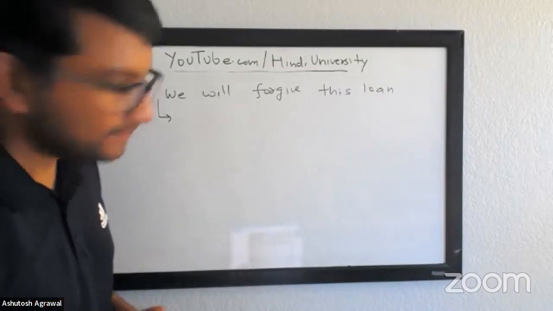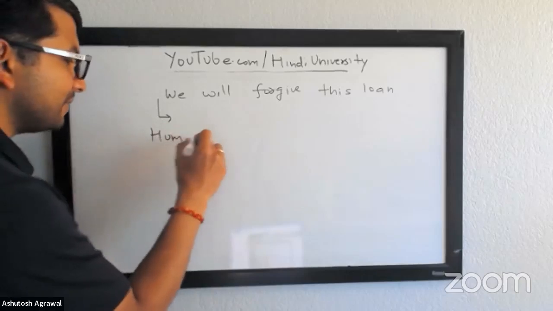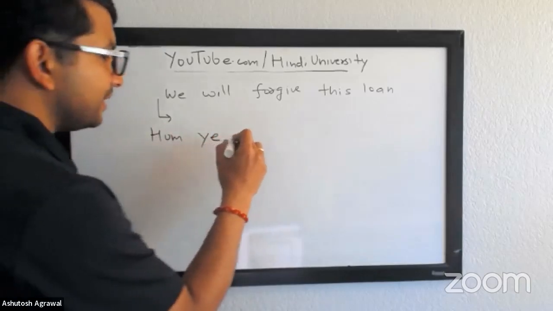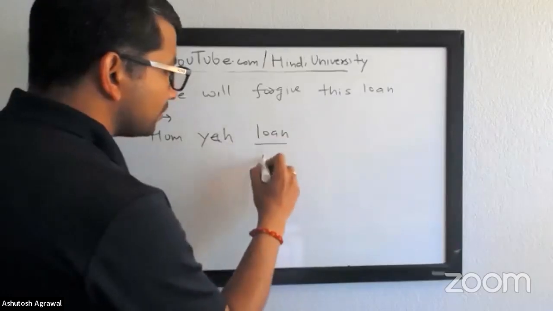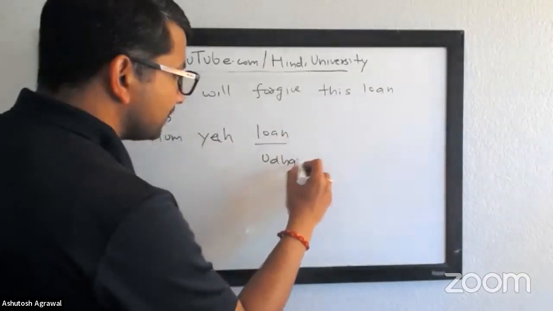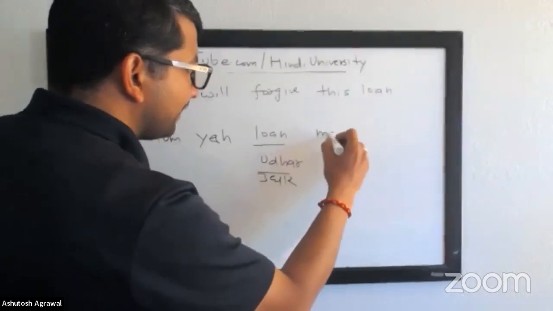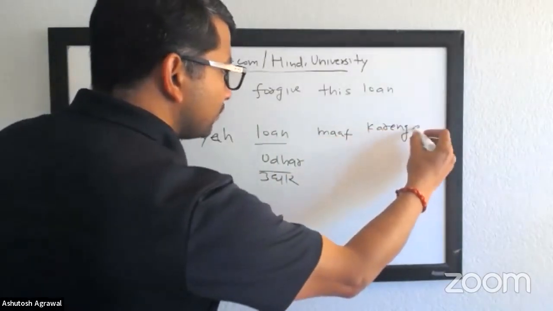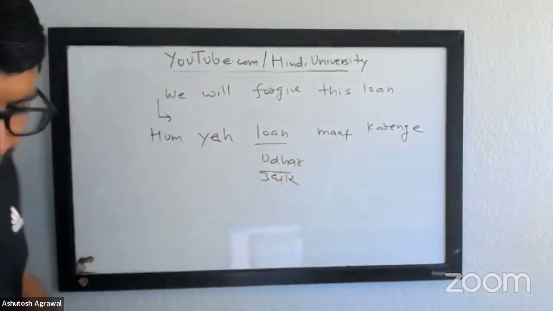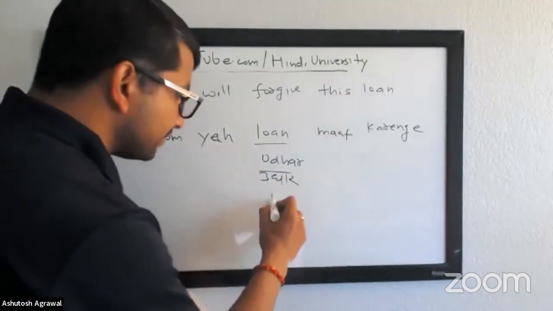हम ये उधार माफ करेंगे. Very good, right? हम ये और यह, you can say loan or udhar, udhar माफ करेंगे. हम ये लोन उधार माफ करेंगे. So loan can be said as udhar, it can be ऋण.